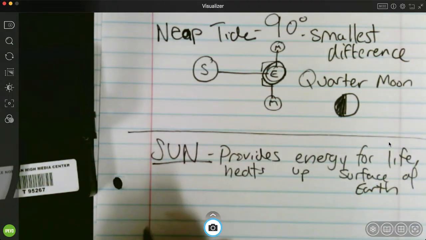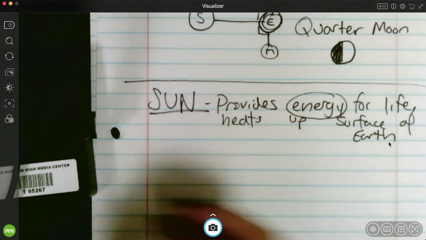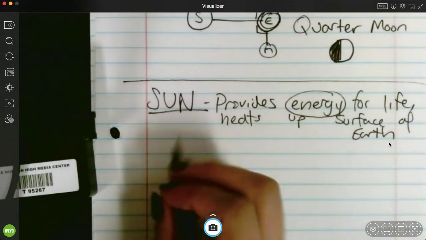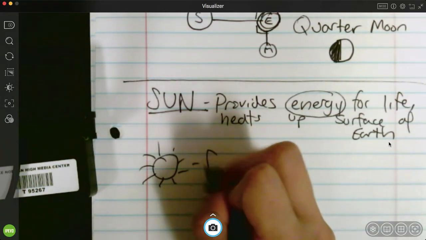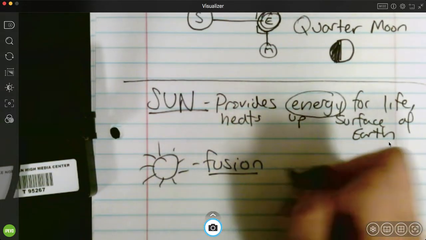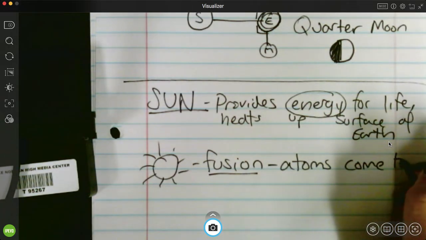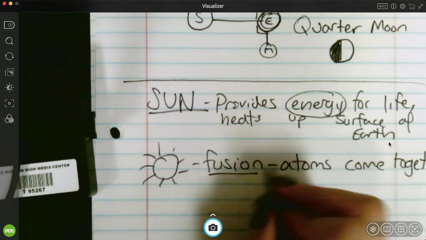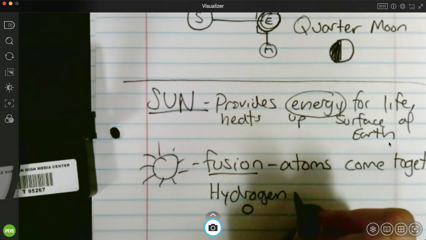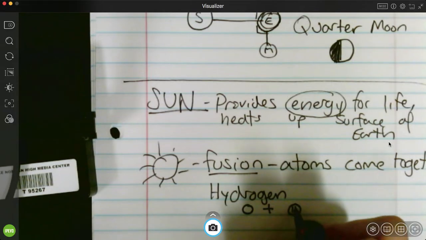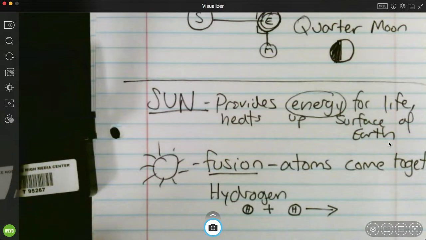So, let's talk about the energy, and we'll sort of follow its track from the sun to Earth and all that fun stuff. So, the sun makes energy through fusion. And fusion means atoms come together. 2 hydrogens, which are 2 small things, H and H, get forced together because the sun is so big, there's so much gravity.